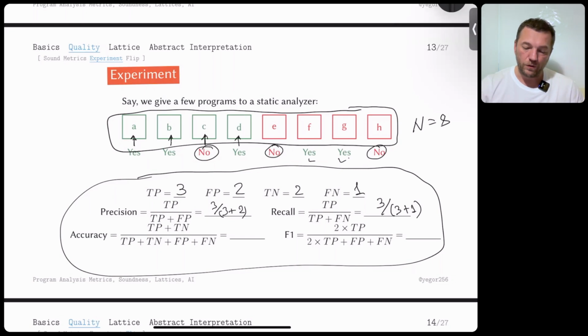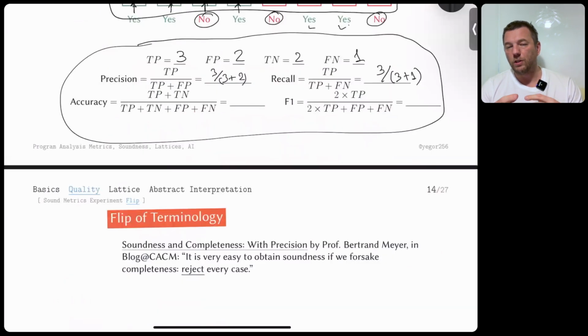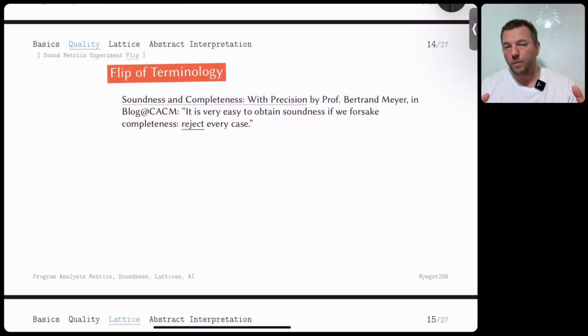And finally, to finish this section, I'm going to tell you an interesting story about the terminology, which can be flipped sometimes. For example, if you read a very good blog post by Professor Bertrand Meyer, published I think a few years ago, he explains soundness and completeness, these things which were just discussed.